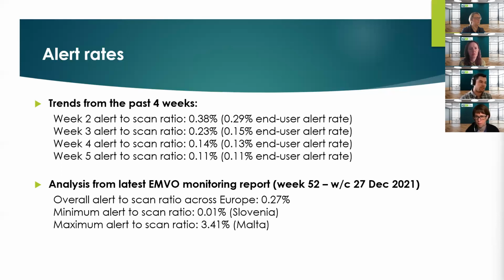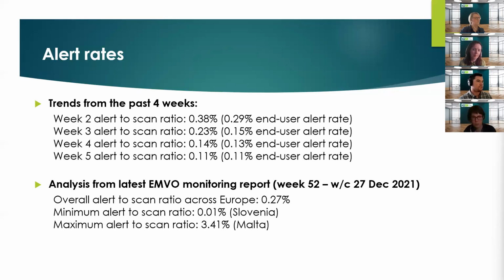So although we are underneath that, we still have a ways to go to be where we want to be, which is around that minimum alert to scan ratio of 0.01 from Slovenia, and a few other markets also attained this that week. So it's definitely attainable. It's definitely something that we can strive for. And then that maximum alert to scan ratio of 3.41, that was very much a blip from Malta there.